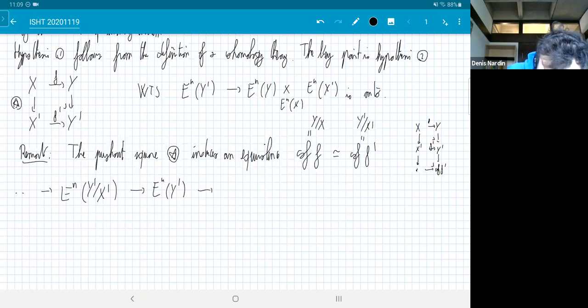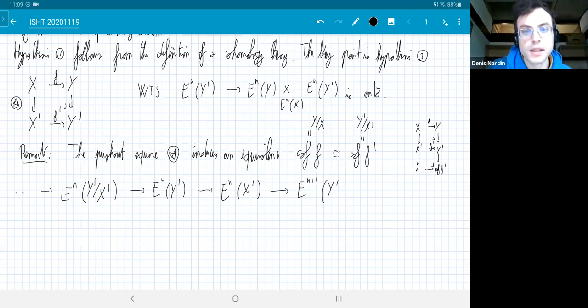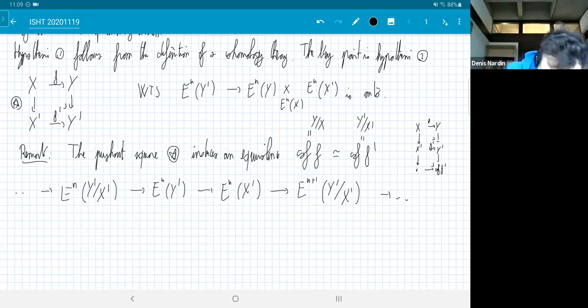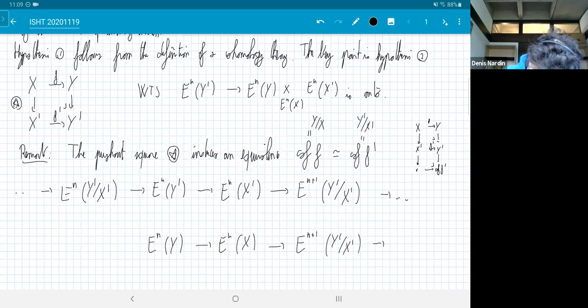En of Y prime, En of X prime, and En minus 1, or I think it's going to be En plus 1 actually. I hope I'm not messing up the indices. It's not going to be important for the proof. This is En of Y over X.